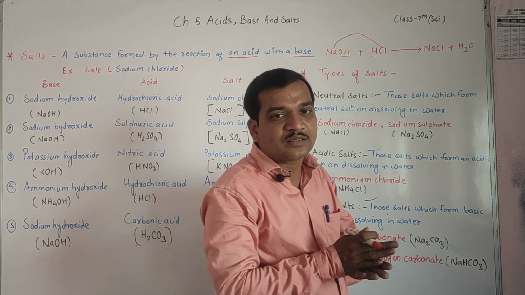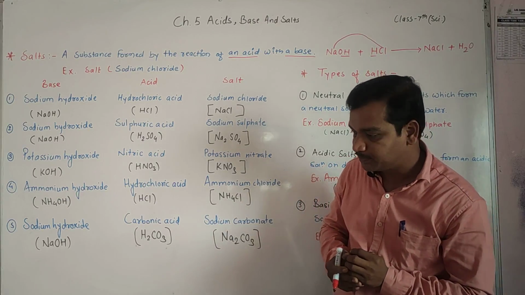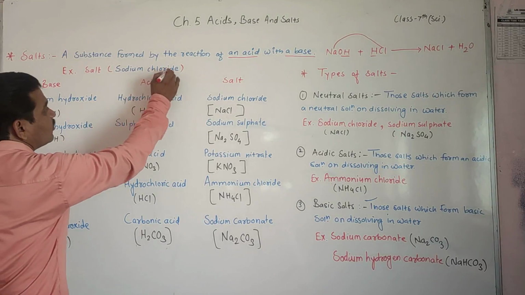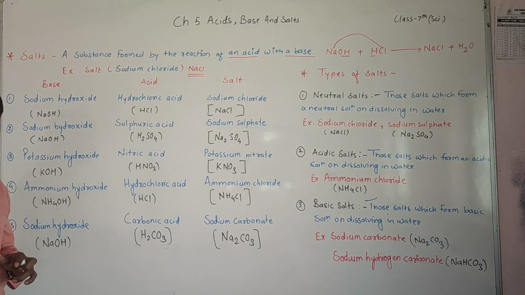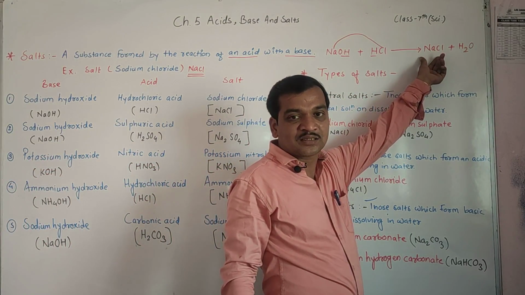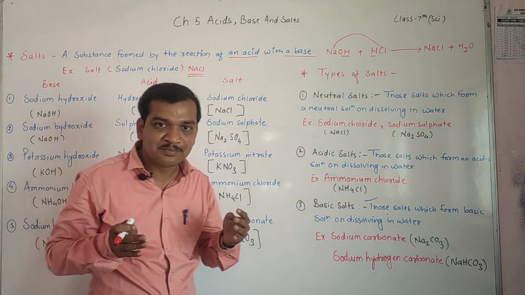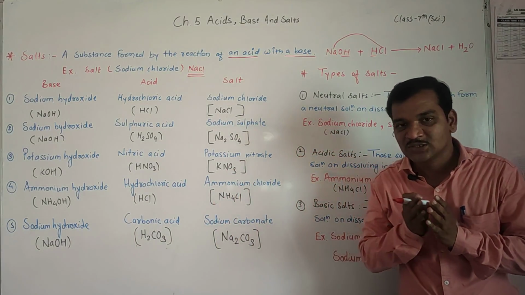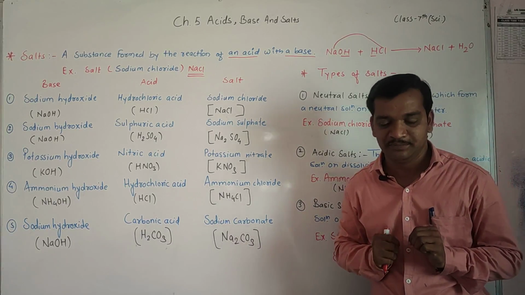So how do these salts get their names? For example, sodium chloride, chemical formula NaCl. See how this salt gets its name. This salt is obtained by the mixing of acid and base, correct? So the salt gets its name from the combination of acid and base.